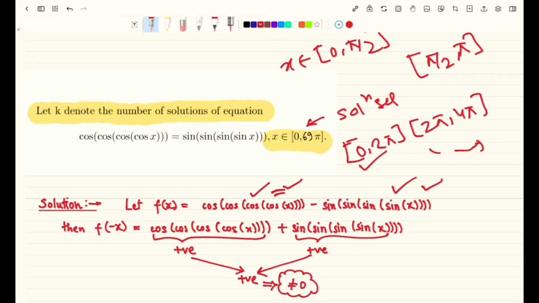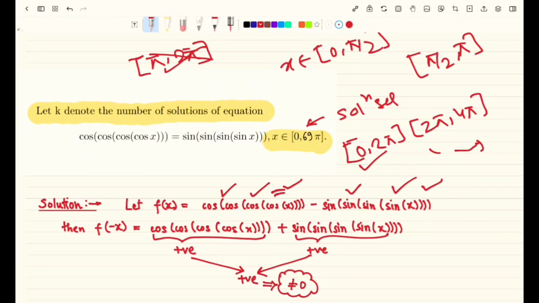I'm not saying it will, but it can. But from pi to 2 pi, this expression is a negative quantity, and this expression is also a negative quantity, so it cannot give a solution. So we cannot include pi to 2 pi in the solution case.